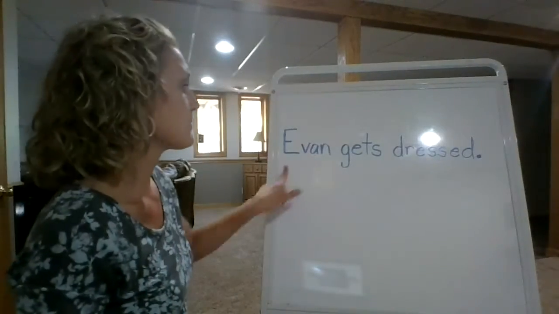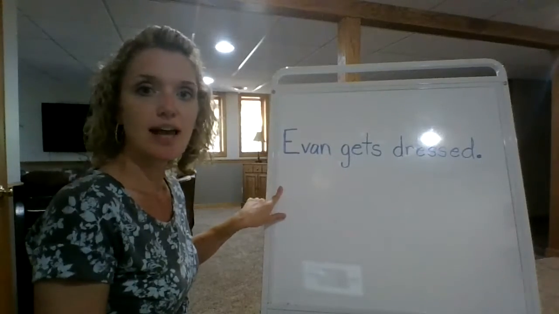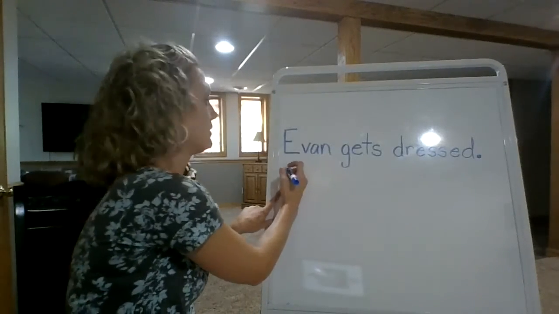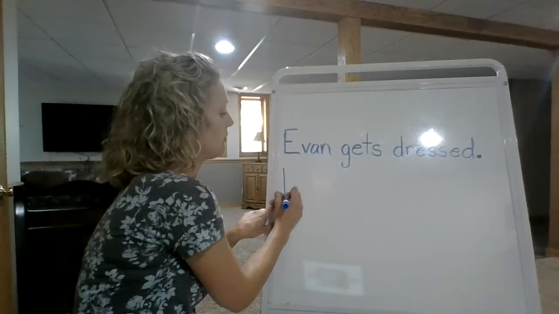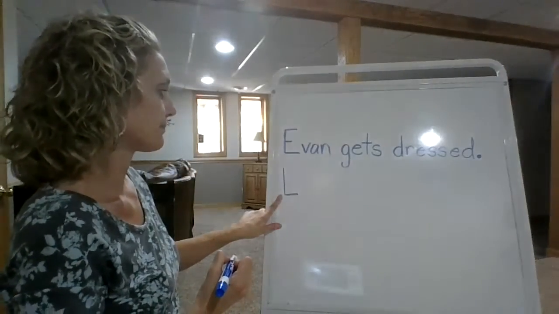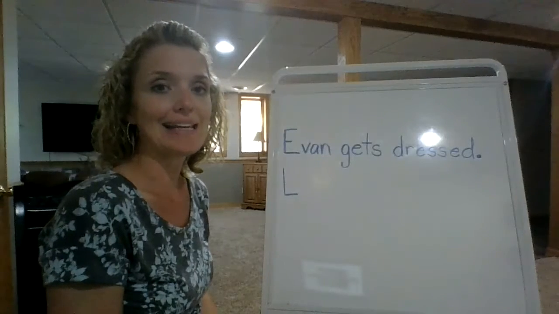So I made my first sentence. Now I'm going to come down. I'm still going to start at the left. Her name starts with an uppercase L. So big line down, little line. Okay? How about you at home? How about you make a big line in the air?